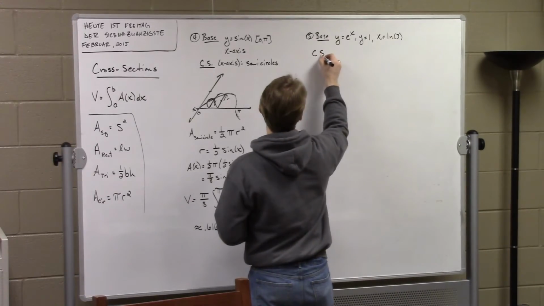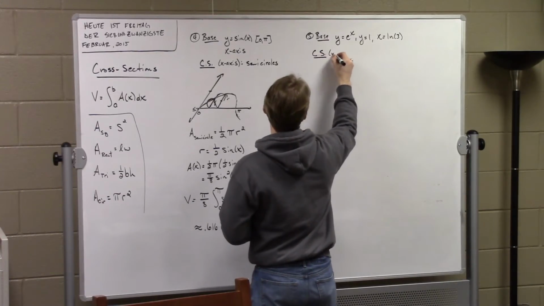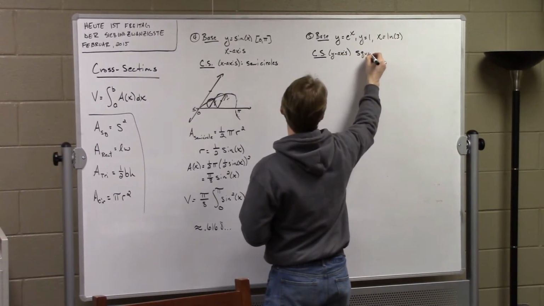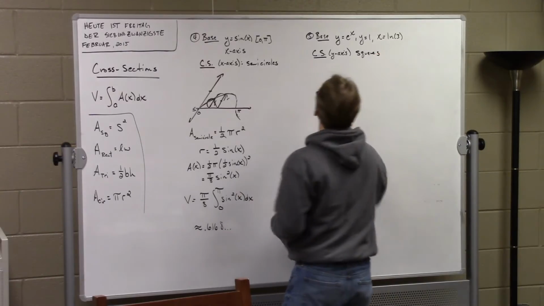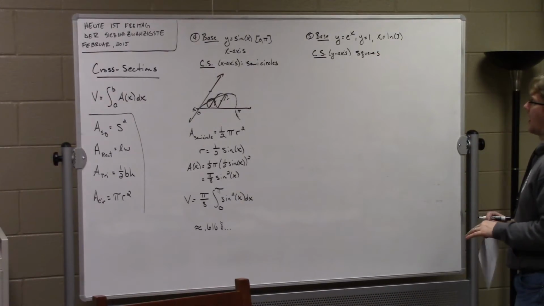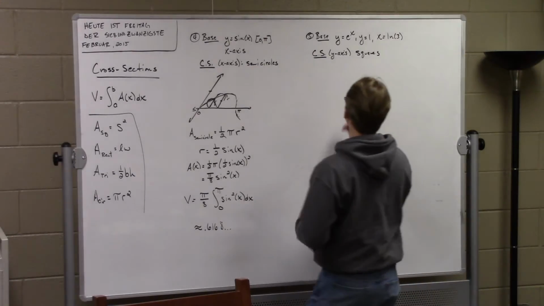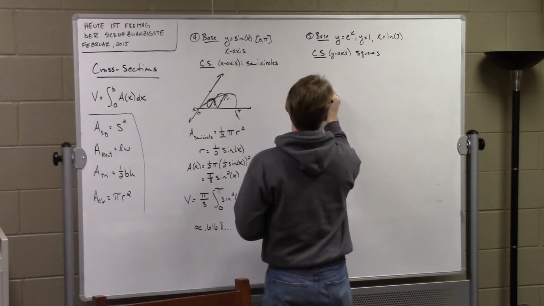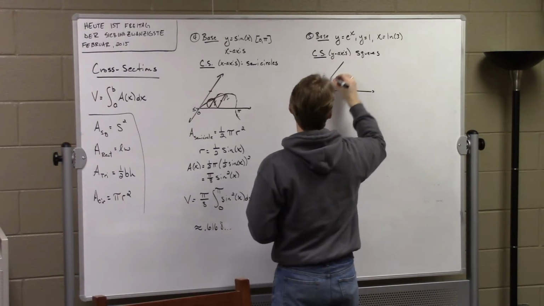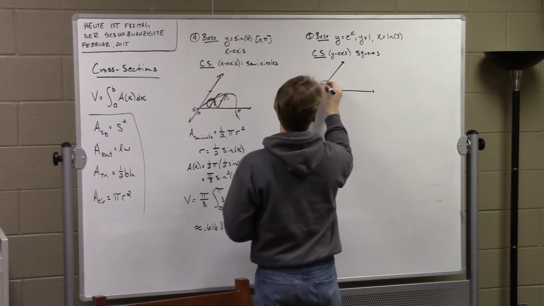So cross sections perpendicular to the y-axis are squares. Okie dokie. Let's see what we got here. All right, here's y equals 1.